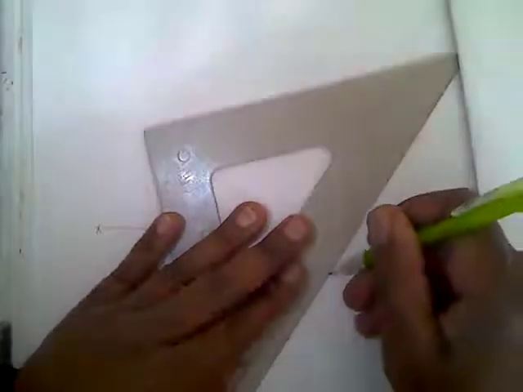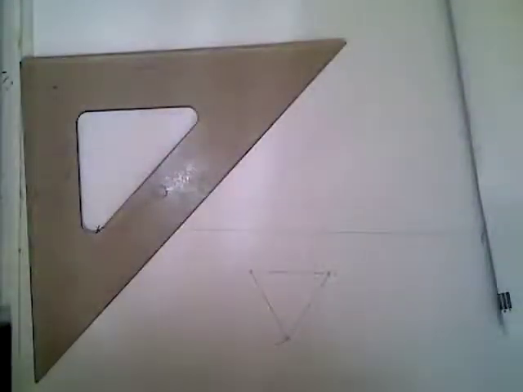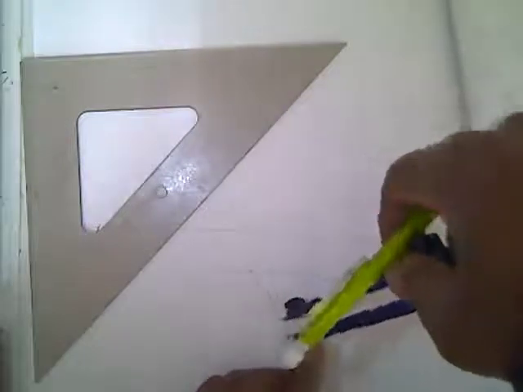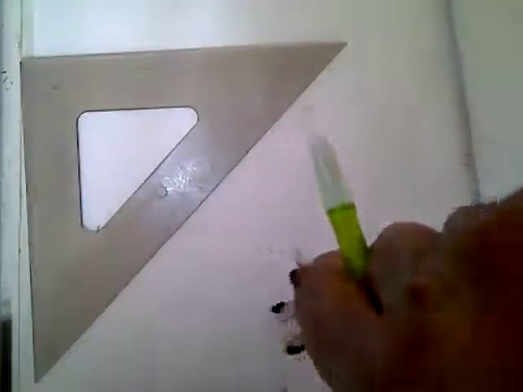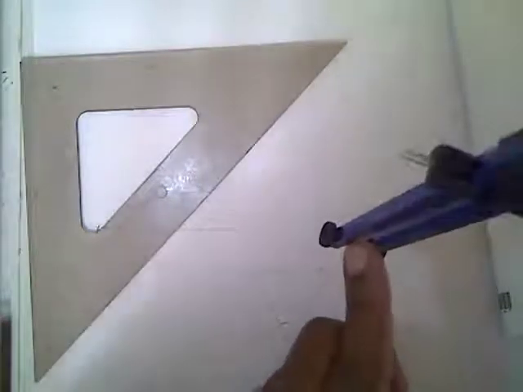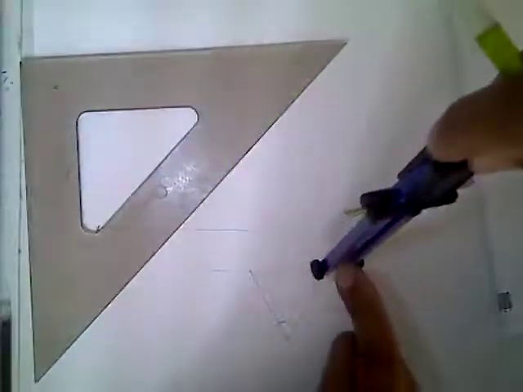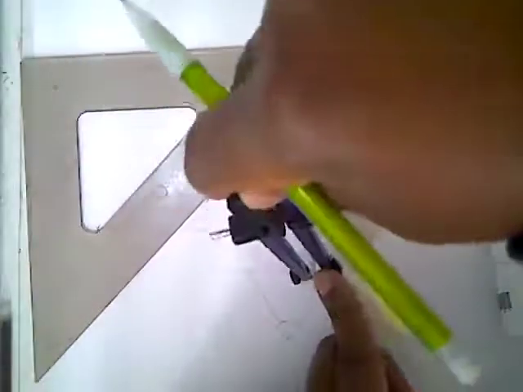Just for now, I will have it that way, and then to get to the apex of my equilateral triangle, I'll just have to bisect two sides.